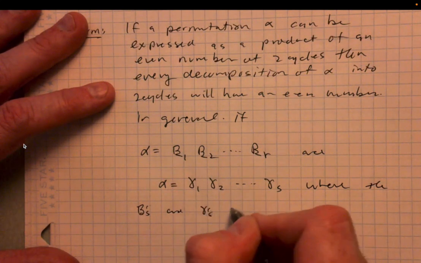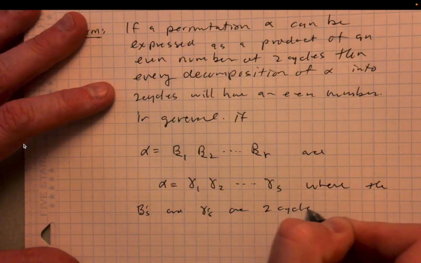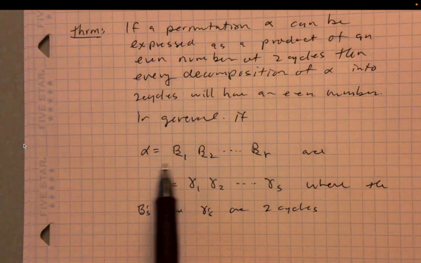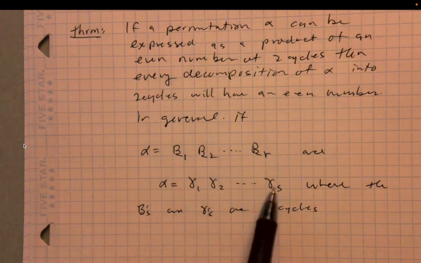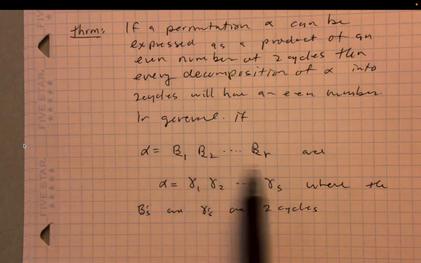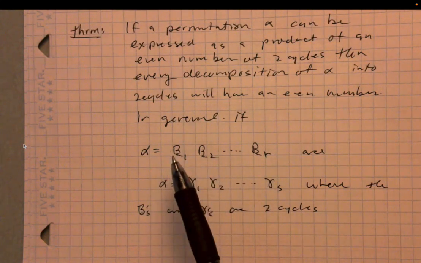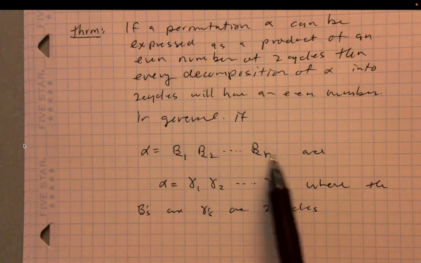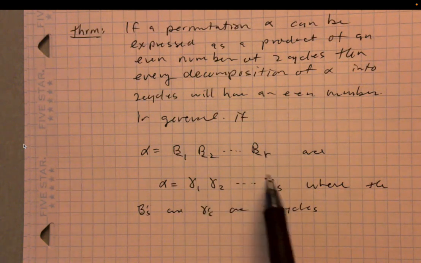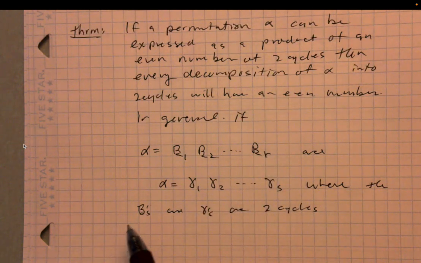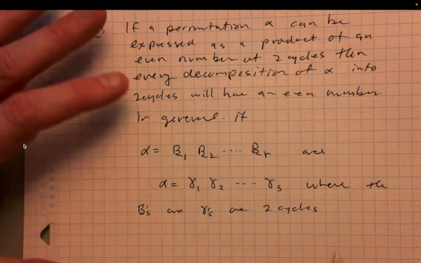So if I can take this permutation and break it down into different 2 cycles like this, then r and s may not be equal, but r and s are both even or both odd.